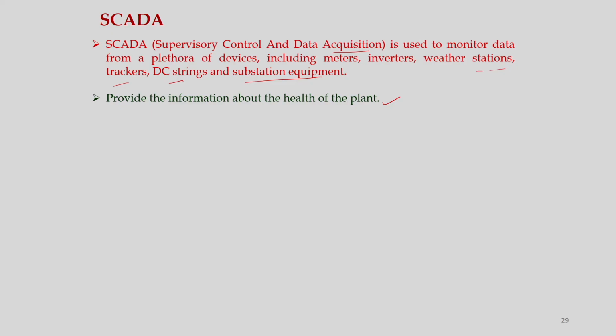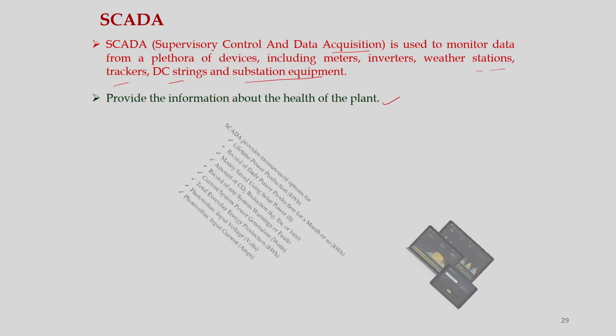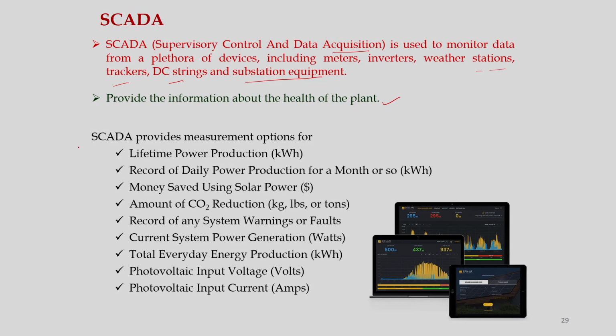Okay? You can know the amount of radiation that is falling, what the temperature is, how much energy is being generated. All the information can be monitored by using this Scada system. Okay? So, this Scada provides measurement options for lifetime power production. This will be in kilowatt hour, a record of daily power production for a month or so, and money saved using solar power, then the amount of carbon dioxide reduction, then a record of any system warning or fault.